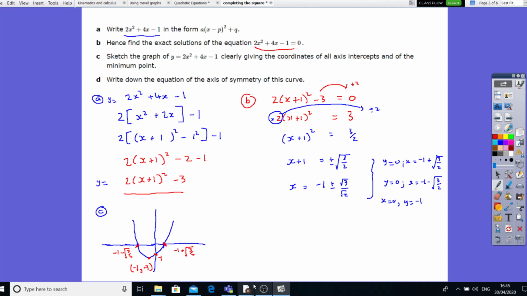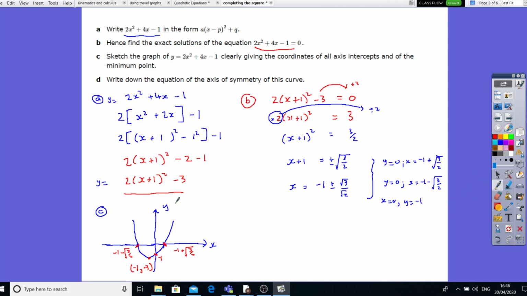That's the turning point. So we've got where it crosses on the x-axis and where it crosses on the y-axis, and then where the turning point is. And then write down last part is D.